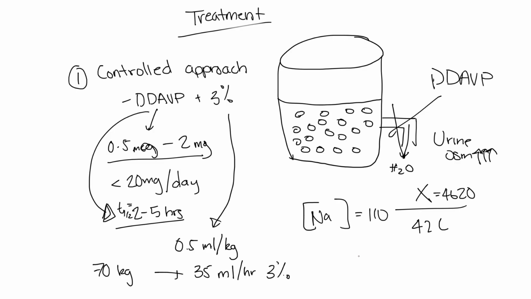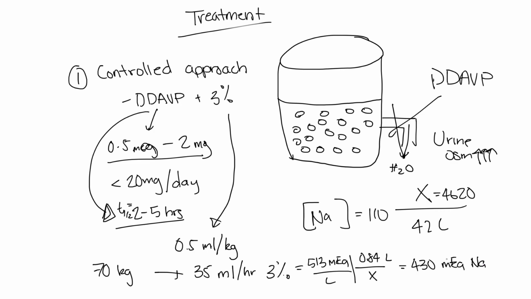Now we know 3% saline is 513 milliequivalents per liter. So if I'm giving 0.84 liters, then I can calculate how many milliequivalents I'm getting. And so this comes out to 430 milliequivalents of sodium.